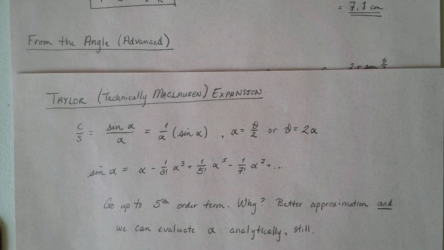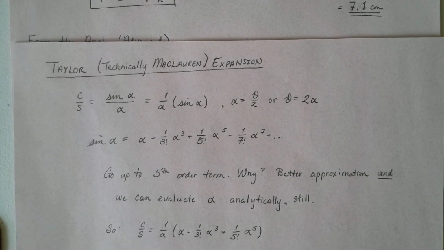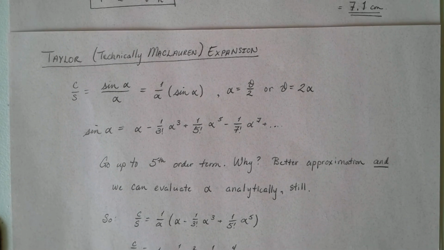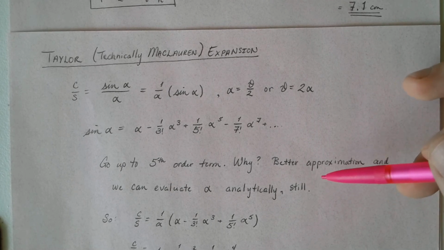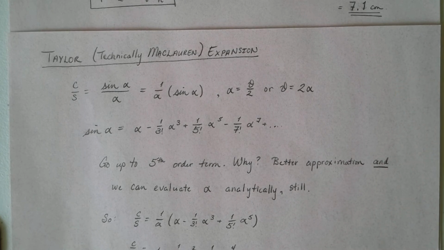We could go to third order, however, in this case I decided to go to fifth order, and obviously, as I wrote here, it's a better approximation, and we can still evaluate alpha analytically by going to fifth order.